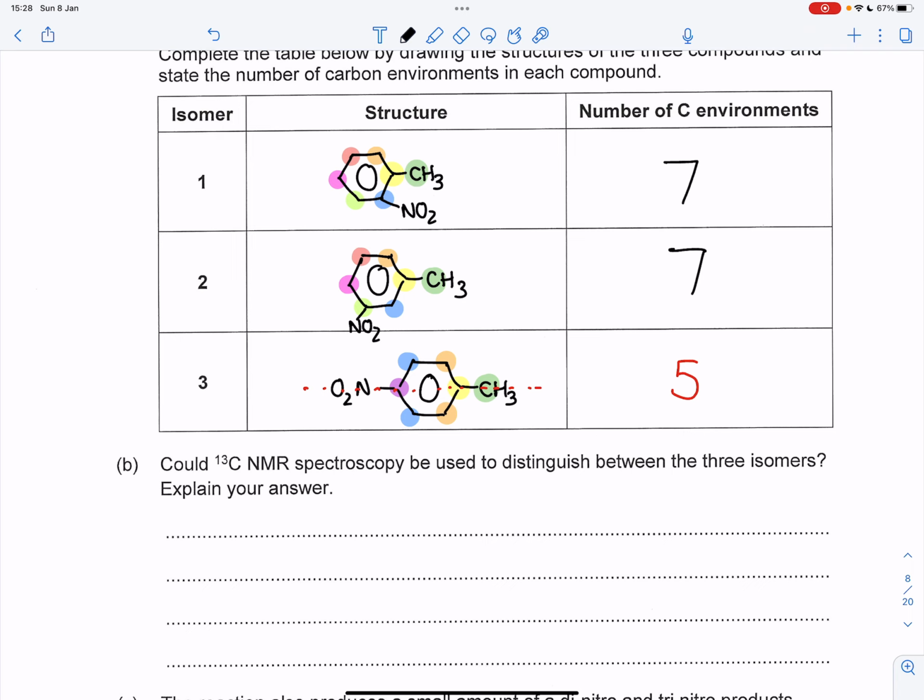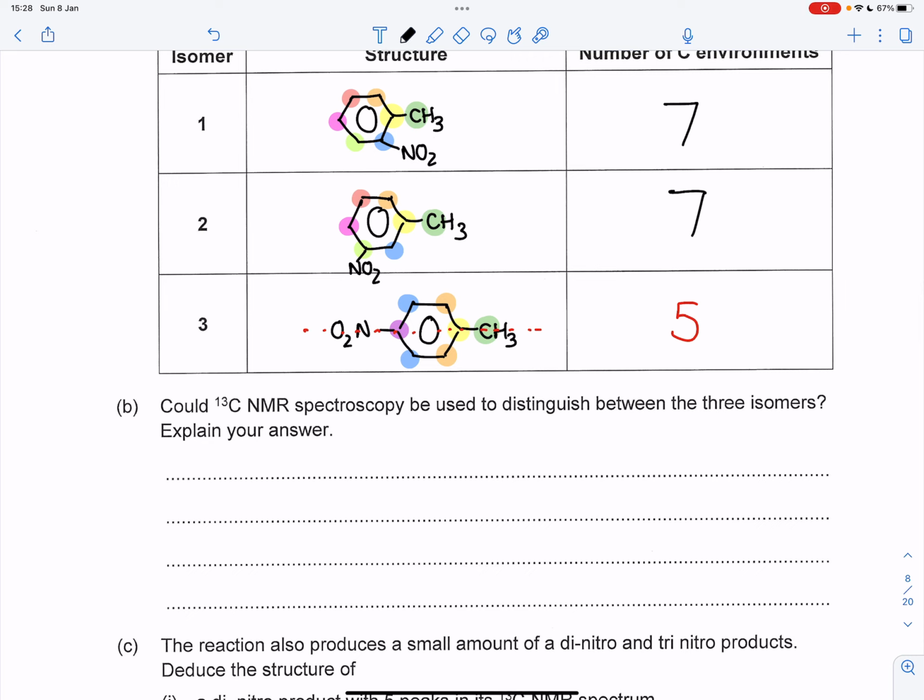So could carbon-13 spectroscopy be used to distinguish between the 3 isomers? Well, we could tell isomer 3 apart from the others, couldn't we? Because it's only got 5 peaks. So carbon-13 NMR would be able to distinguish isomer 3.